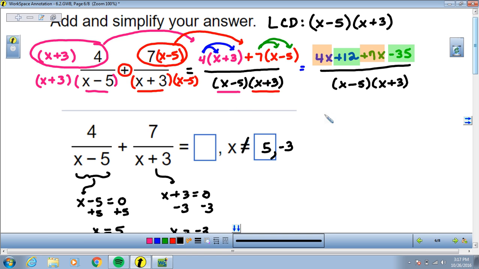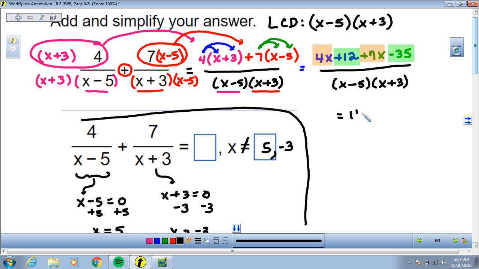So if we combine them, what are we going to get? 4x plus 7x is 11x, and 12 minus 35 is going to be negative 23, right? Everything over my common denominator, which is x minus 5 times x plus 3.